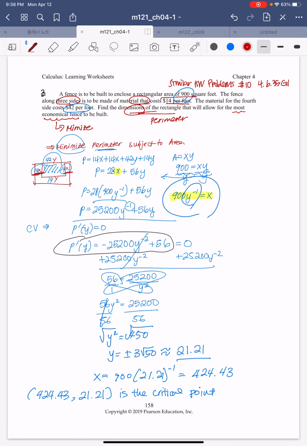This one here. I'm sorry, this one here, width. So in this case, my width will be my x and then this will be my length, or vice versa. It's just a label.